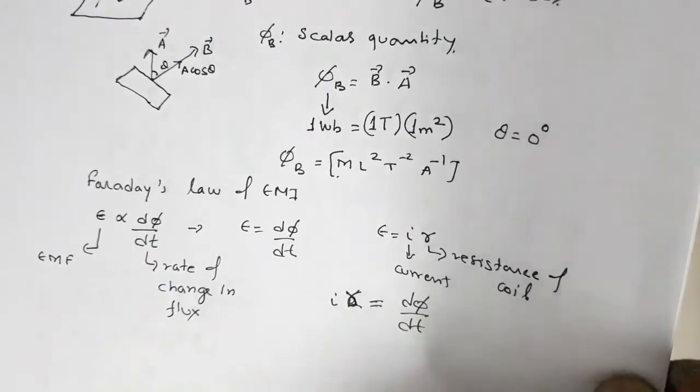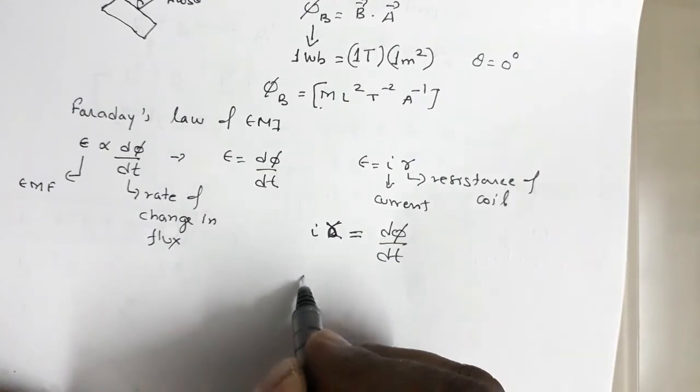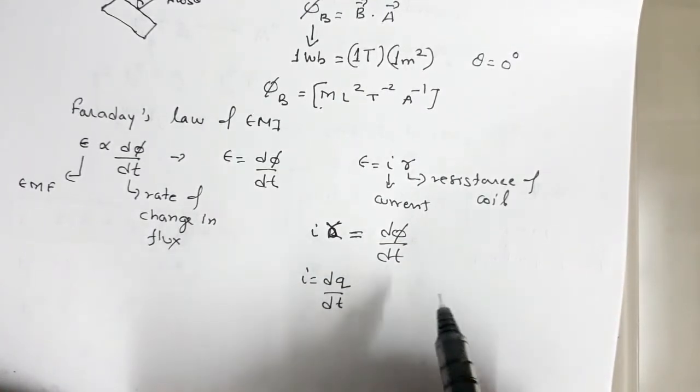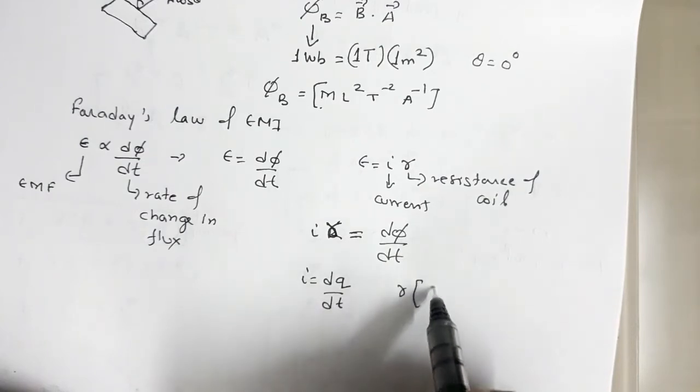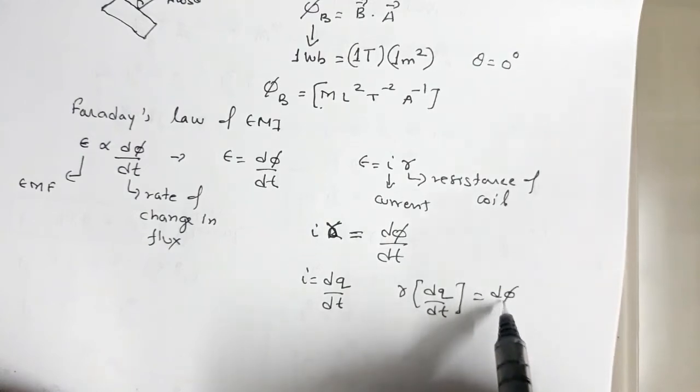Now what is this I? If Q is the quantity of charge flowing through the coil, I is dq by dt. So this gives R into dq by dt is equal to d phi by dt.